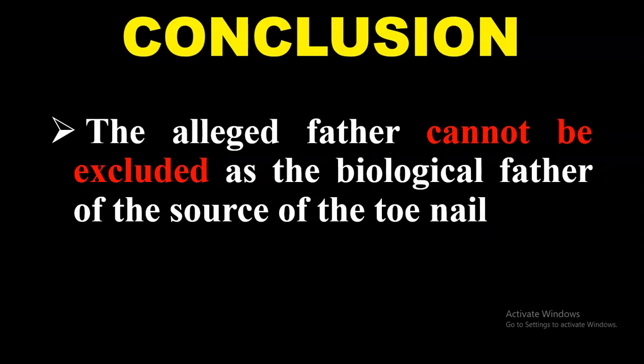So conclusion. So based on this DNA analysis using the toenail and the buccal swab from the alleged father of the missing child, it was concluded that the alleged father cannot be excluded as the biological father of the source of the toenail. Meaning, through DNA analysis, police was able to establish that the human remain that they found is a child of the suspected father.